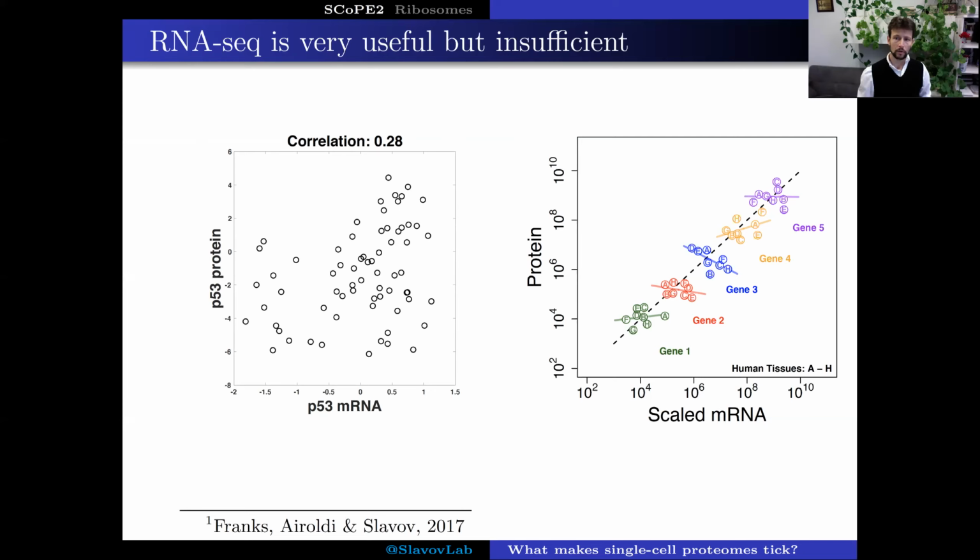And similarly, when we took a much more comprehensive, unbiased, and systematic exploration for the abundance of proteins and RNAs across different human tissues, here on the right, as shown with this cartoon schematic, we found that generally RNA abundances can predict whether a gene is highly abundant or lowly abundant across all tissues, but RNA levels tend to be less powerful in predicting how a particular gene, for example, gene 5, will be changing across different sets of human tissues.